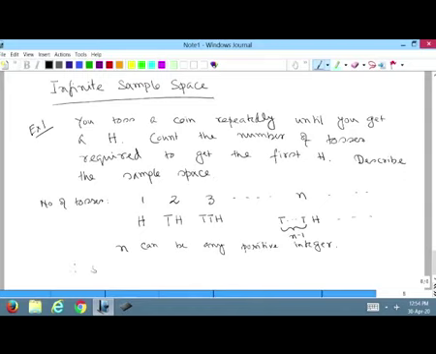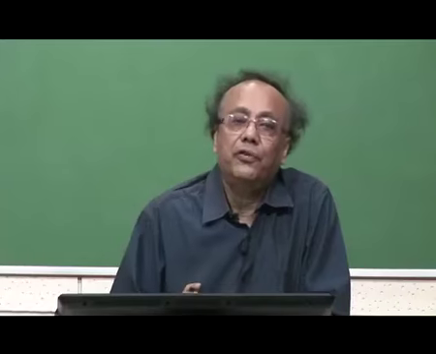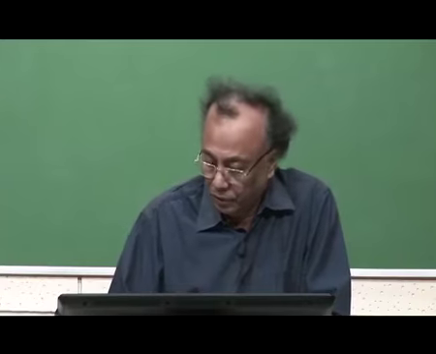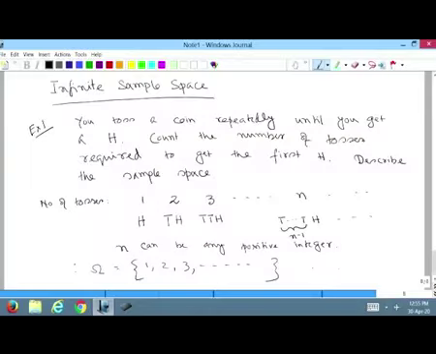Therefore, your omega is going to be 1, 2, 3 up to infinity, that is the set of all possible integers, which we know that is infinite. Although it is infinite, it is countable.